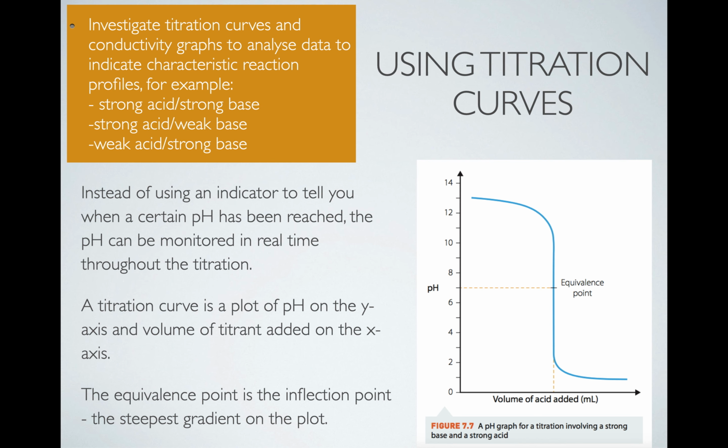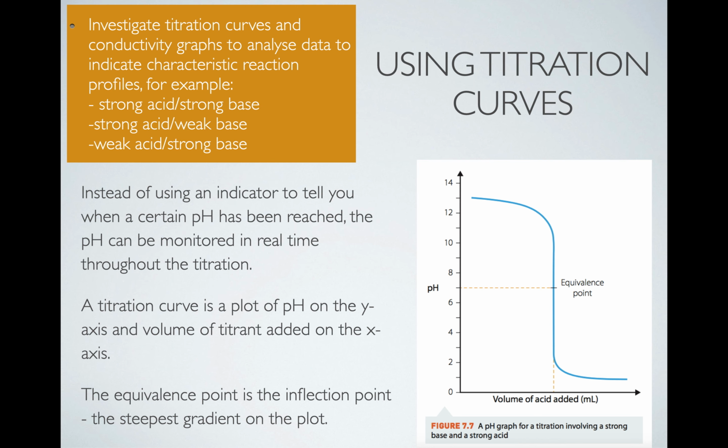And you can see it slightly drop off as they add more acid, but then there's a steep drop off. Okay, and then it levels out. So there's this really steep inflection in this curve. And we can tell with these acid-base titration curves, the steepest point in the curve is the equivalence point.